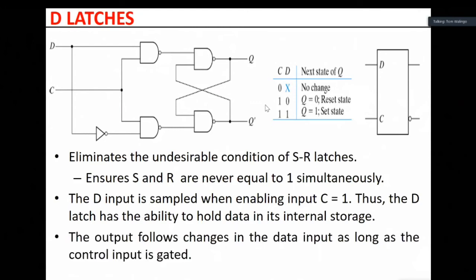The output, Q, follows what is happening at D, as long as the control input is enabled. So the circuit is often called a transparent latch. It's transparent. When enabled, whatever is at D can be seen from the output.